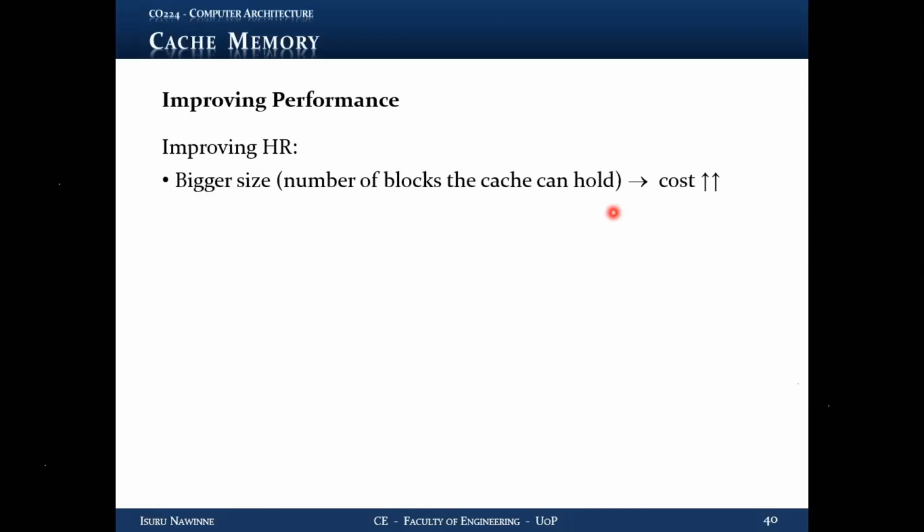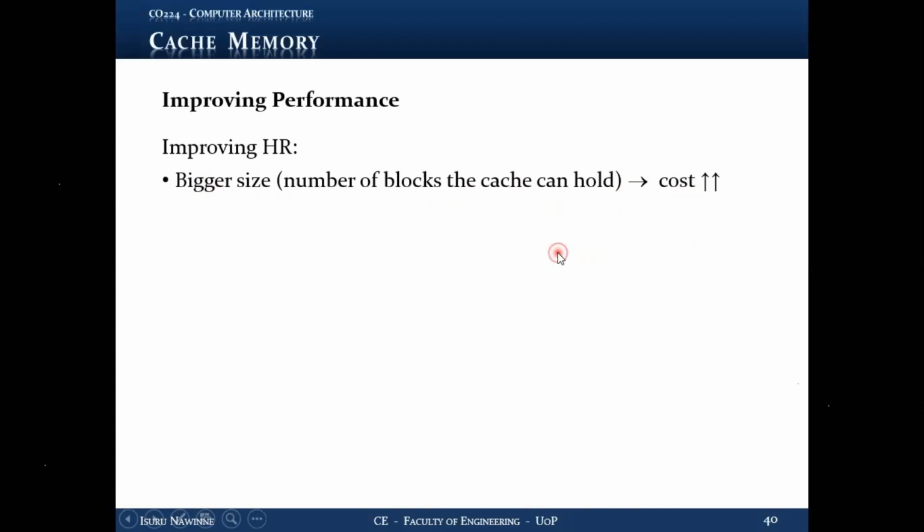So you have to decide on a limit for the number of bytes for the cache, right? You can't keep adding more and more cache space, because the cost is going to be extremely high, and it's not going to be practical to implement such designs.